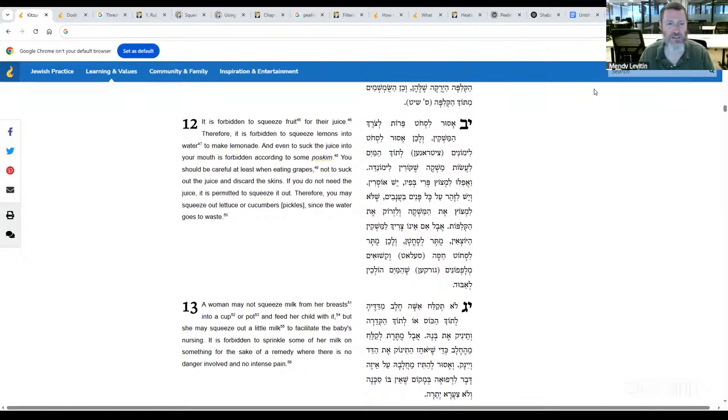In the basic idea, first of all, there's a difference if the shell or the covering is connected or loose. There becomes a problem when there are peels that have totally no connection, they're totally psolet, with no use for them, certain parts of food that even animals couldn't eat.